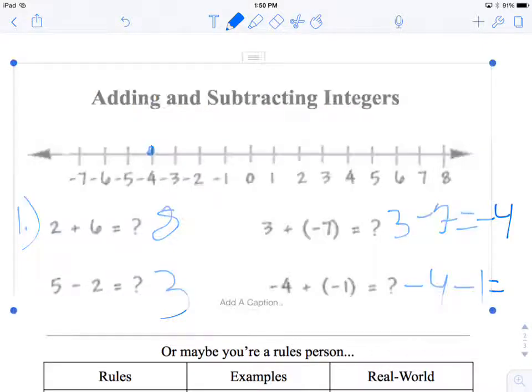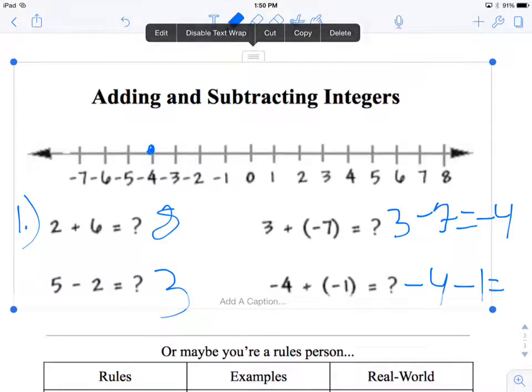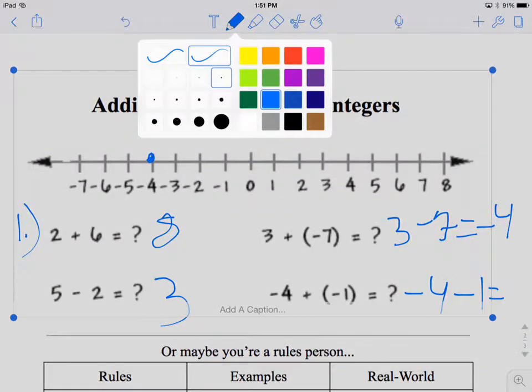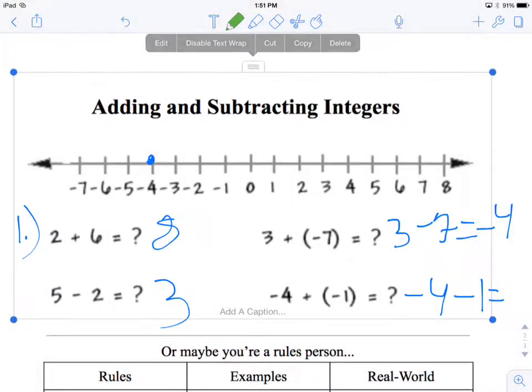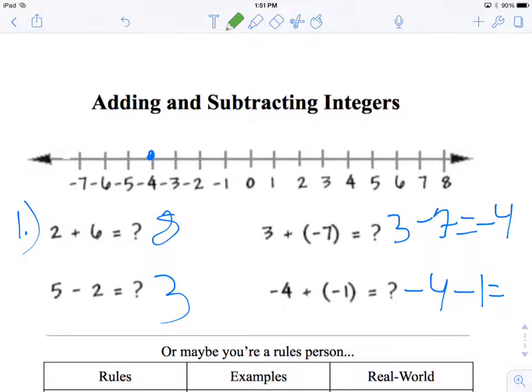So we're going to the left one. Minus 1, negative 5. So there's our first part.